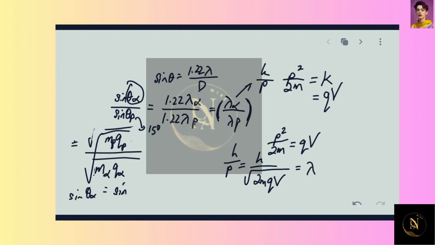The mass of the proton divided by the mass of the alpha particle is approximately 1 over 4, since the alpha particle is about 4 times as heavy. The charge of the alpha particle is about twice the charge of the proton.